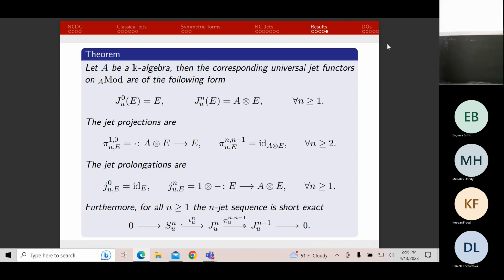Okay, the projections are the same, unless it's degree 1, 0, where it's the left action of A on E. In higher degrees, this is just the identity map, and the prolongations, except the trivial case, are of the form 1 tensor something. Okay, and this is very reminiscent of the jets we saw last week, and I will point out the relation between the notions in the last slide.